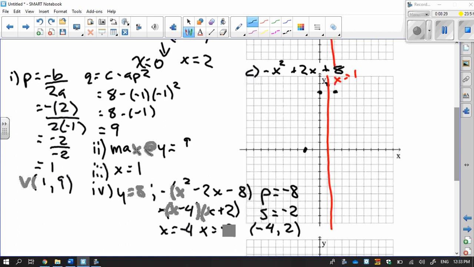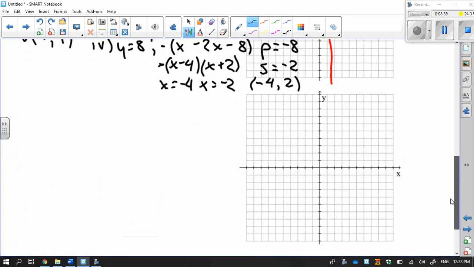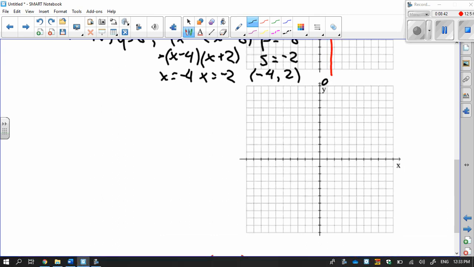And our last one here that we're looking at, we have 2x squared minus 12x plus 25. Vertex: we are looking at P is equal to -b over 2a, which is -(-12), which gives me a positive 12, over 2 multiplied by 2, which gives me 4. So we get 3.